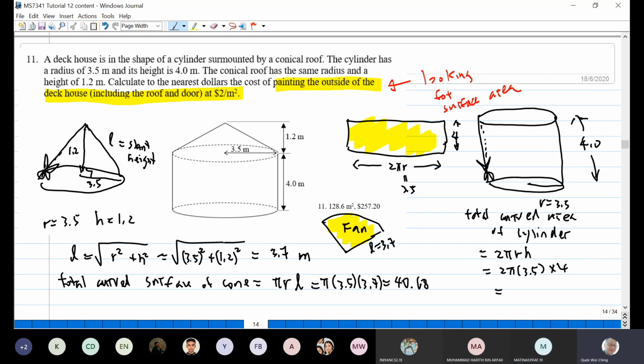So you get 2 times pi times 3.5 times 4, you get 28 pi, which is 87.9, so 88. Okay, 88, this is meter squared.